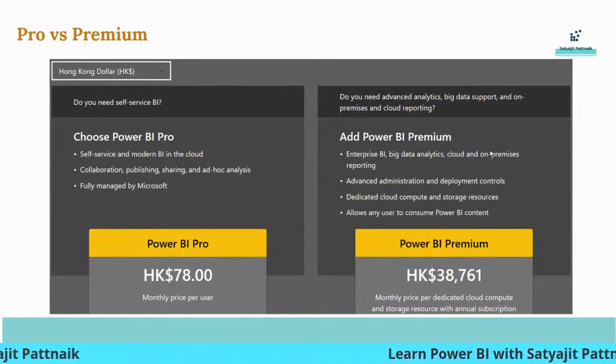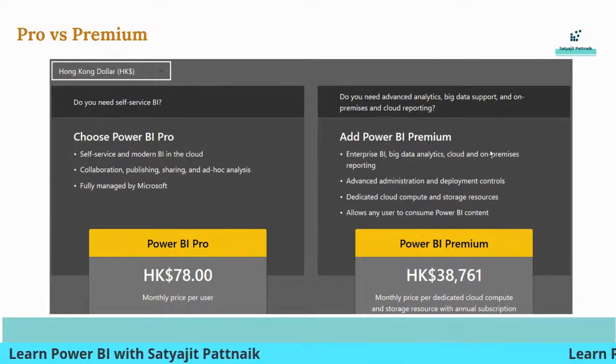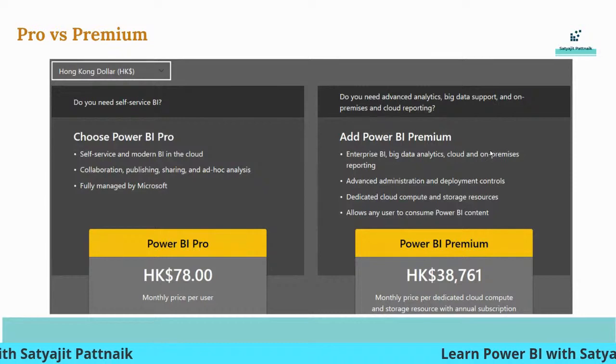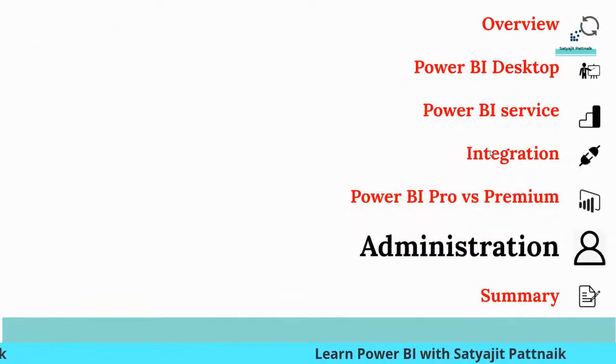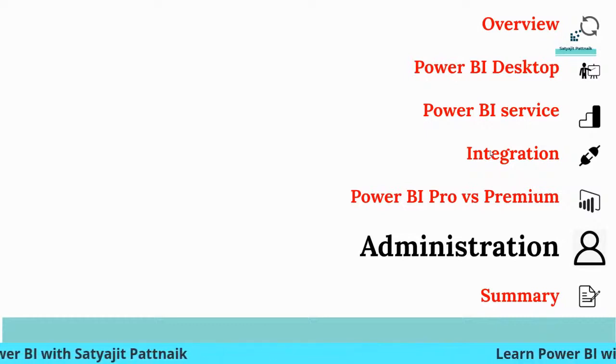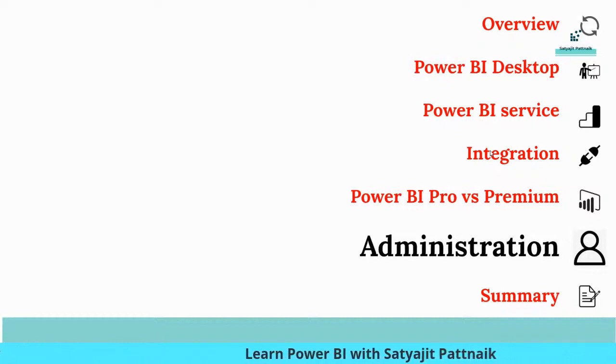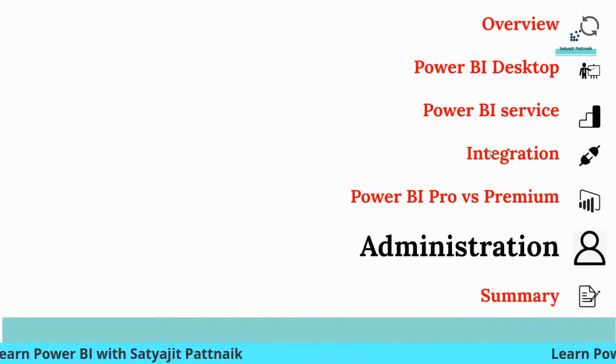It depends upon how much report server you are taking, how much GPUs you are taking, and many more things impacting your Power BI Premium account. But Pro is going to be very simple and very cheap, almost 700 Indian rupees. Maybe I can tell you the exact price by looking at the website, but it's somewhere around 700 to 800.